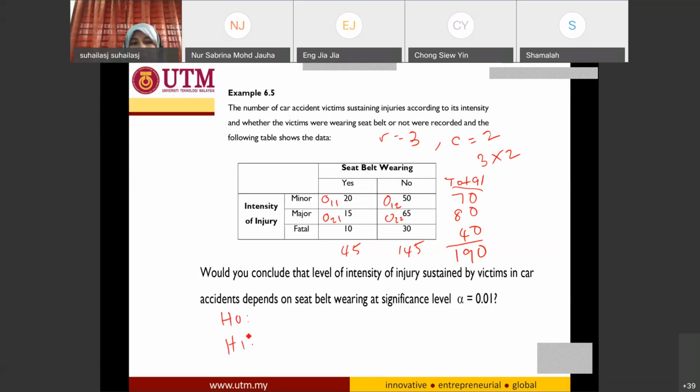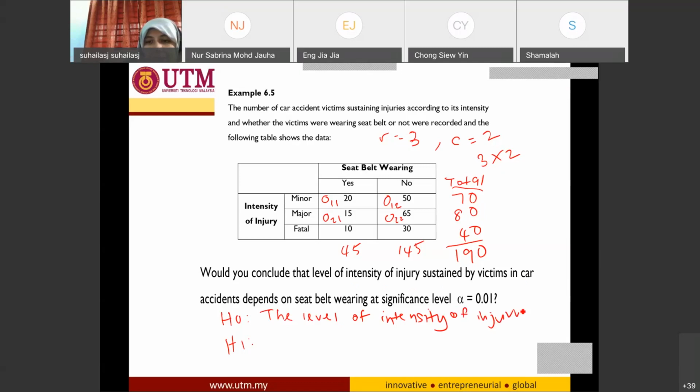Your null in this case: we are testing whether the level of intensity of injury sustained by victims in a car accident depends on seat belt wearing at the given significance level. So we write down, copying the question, that the level of intensity of injury sustained by victims in a car accident is independent of seat belt wearing.